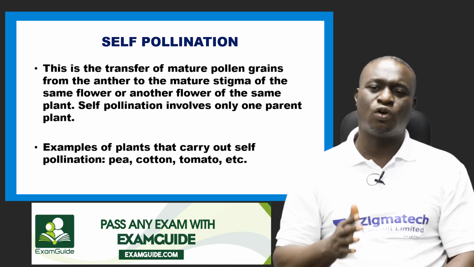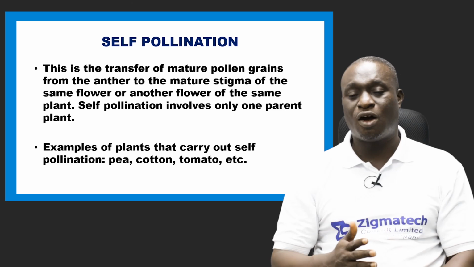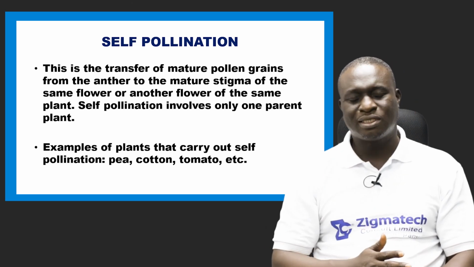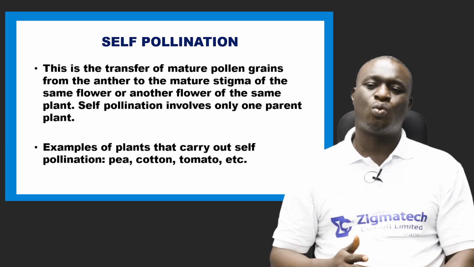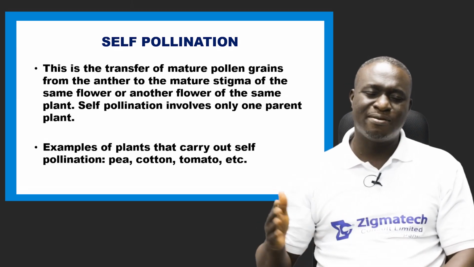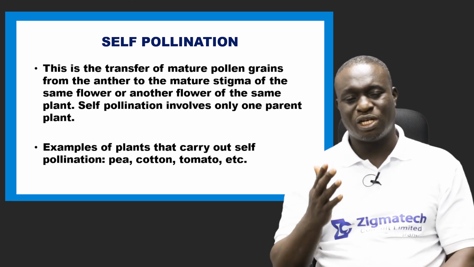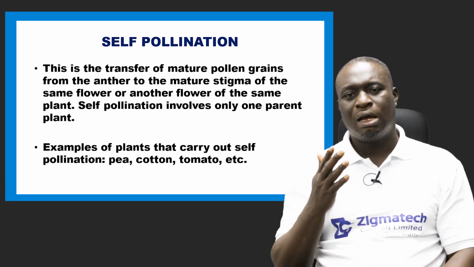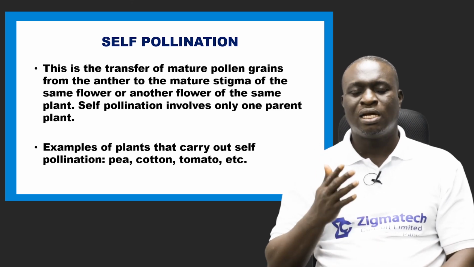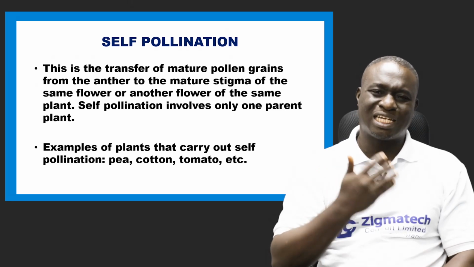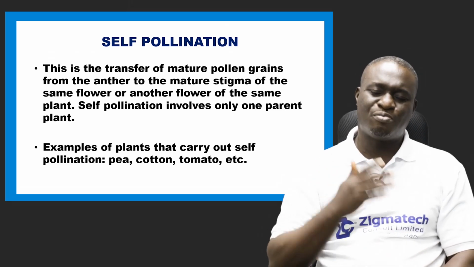Examples of plants that undergo self-pollination include the cotton plant, the tomato plant, and the pea plant, that's the garden pea plant. If you check our videos on genetics, when we were talking about Mendel's experiment, you will agree with me that we mentioned self-pollination.